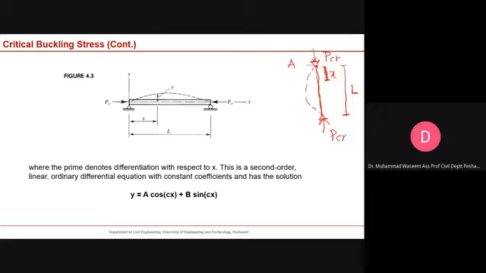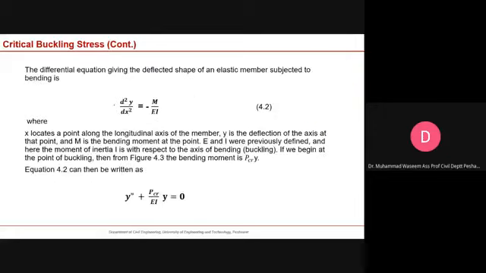Now the deflection that will occur in this member is given by this formulation. If you replace this equation with different notation, represent it by this double dot, and bring this to the left hand side, the right hand side will become 0, and this value will be M by EI.